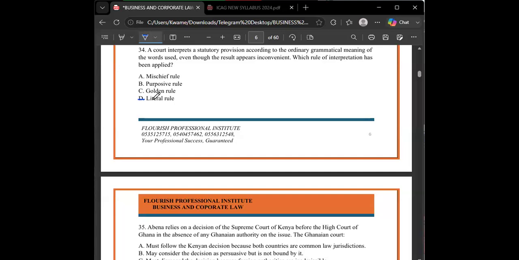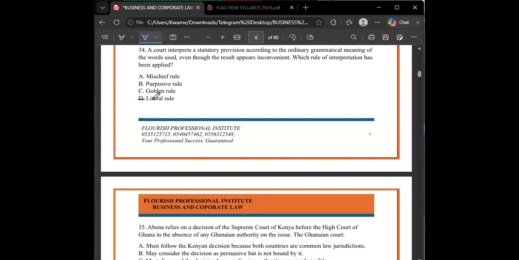Because golden rule says that where the results will appear absurd, or inconvenient, you should modify the meaning of the literal rule and use golden rule. But here, the question says that the court has chosen to go by the grammatical meaning, though it will appear inconvenient. So the rule which has been applied is the literal rule.